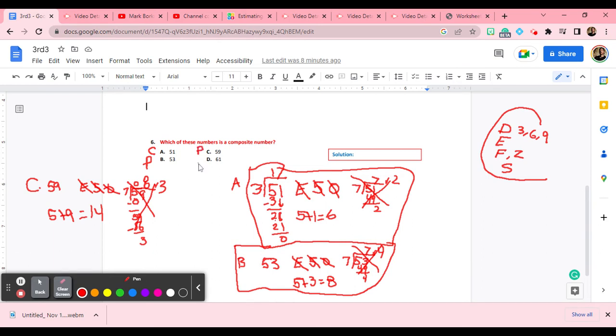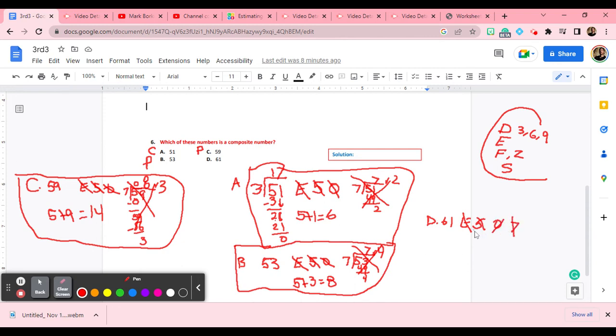Okay, so how about 61? Let's do one more. Okay, 61. We'll do it all the way over here. D, 61. Is 61 even? No. Is 61 divisible by 5? No. Is it divisible by 0? No. Is it divisible by 7?